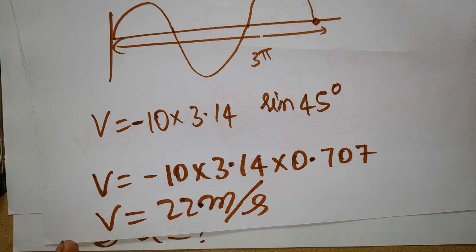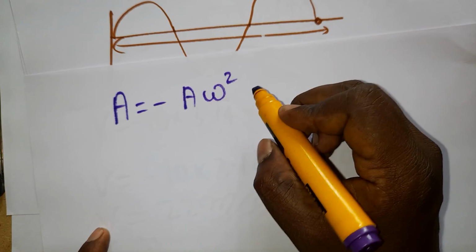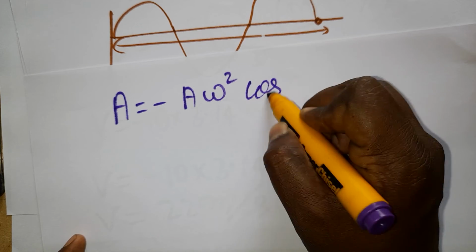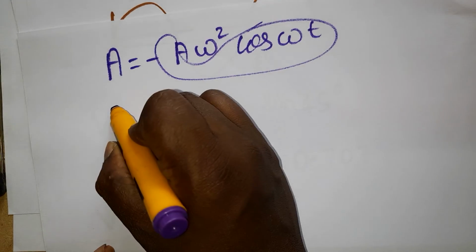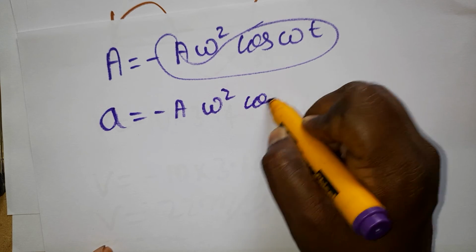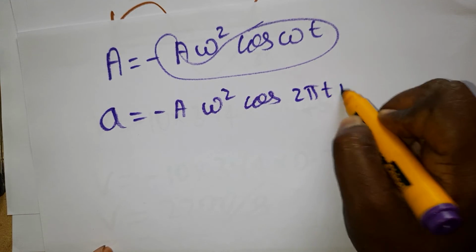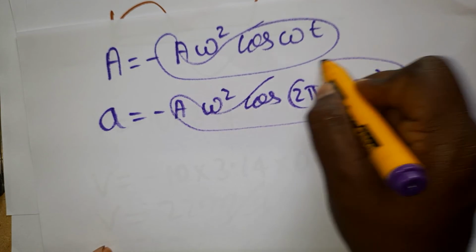Next, the third one, we are going to find the acceleration. Acceleration is equal to, as I already gave in the simple harmonic motion equation, a is equal to minus Aω² cos ωt. Acceleration is equal to minus Aω² cos(2πt + π/4), and this together we can call x.